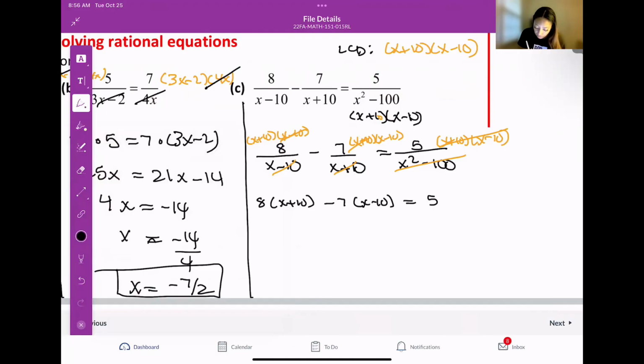That's a linear equation we can solve. 8x plus 80 minus 7x plus 70 equals 5. That gives us x plus 150 equals 5. Finally, if we subtract 150 from both sides, we get x is equal to negative 145 as our solution.